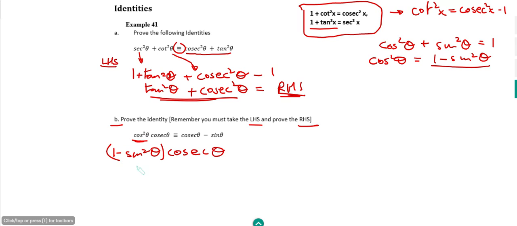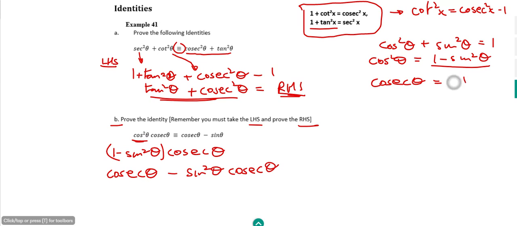So then I'll end up with, if I multiply the bracket by the cosec theta, 1 times cosec theta is just cosec theta. And then it's going to be minus sine squared theta cosec theta. If I now write cosec theta as its identity in terms of sine, cosec theta is equal to 1 over sine theta.